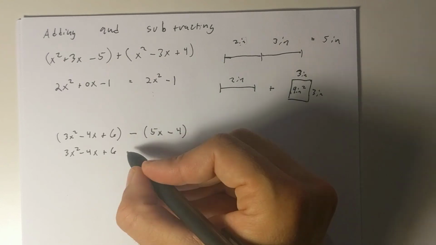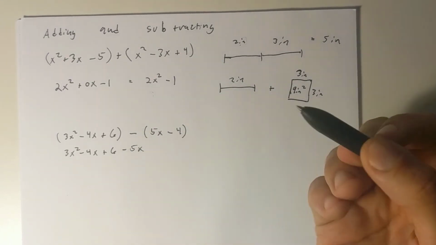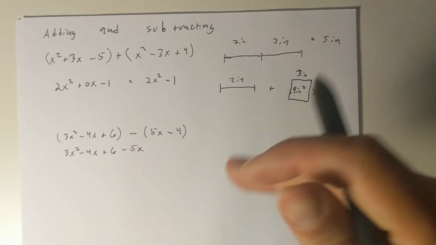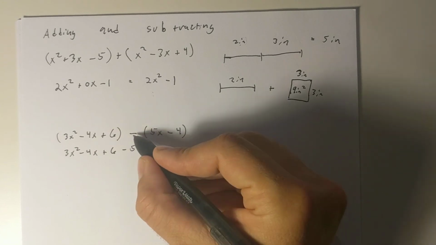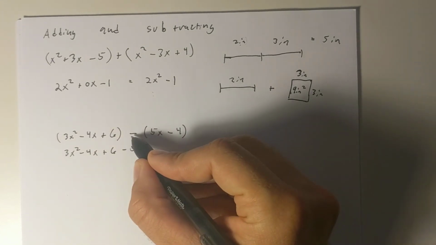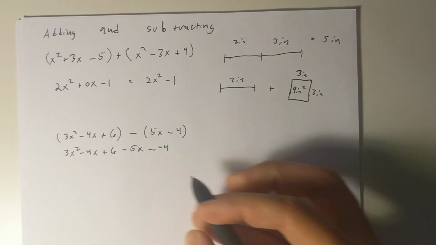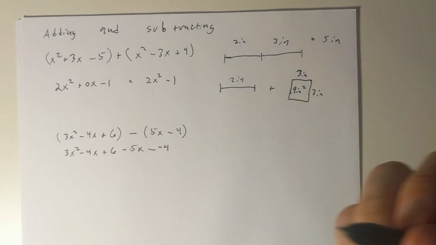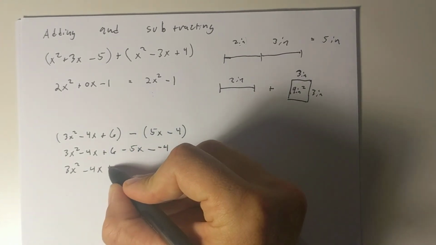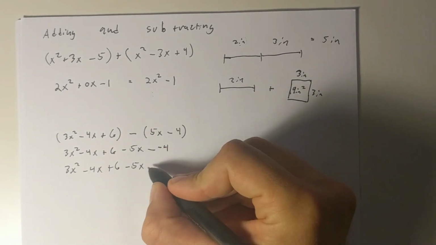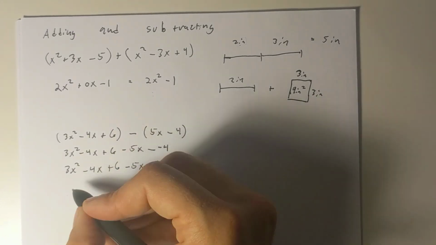But then when I write this, I'm going to subtract the 5x because it's asking me to subtract the 5x, but I'm also going to subtract the negative 4. So if I subtract the negative 4, what happens to a double negative? Well, you probably already know this. It becomes a positive.